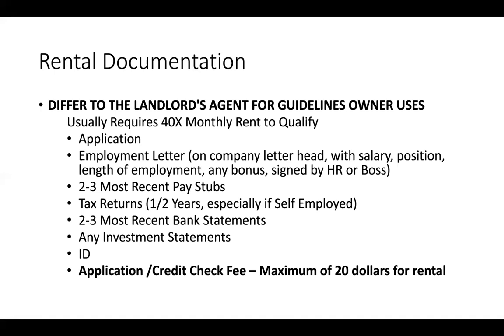So for a $2,000 a month apartment, most landlords will want to see that the tenant makes at least $80,000, right? If it's a $3,000 a month apartment, they want to see if they make $120,000, right? And so it's good to talk to your clients at the beginning about what their income is. And again, if it's two people, you can kind of put that together.